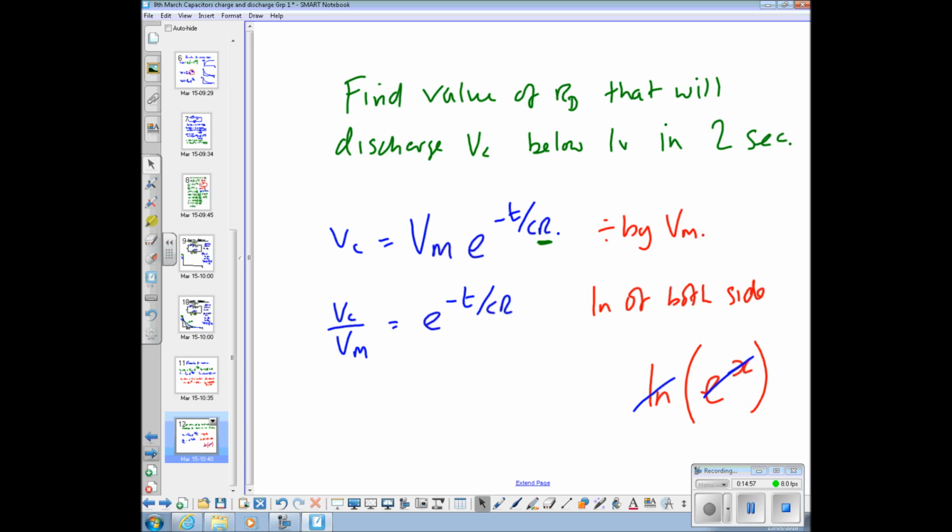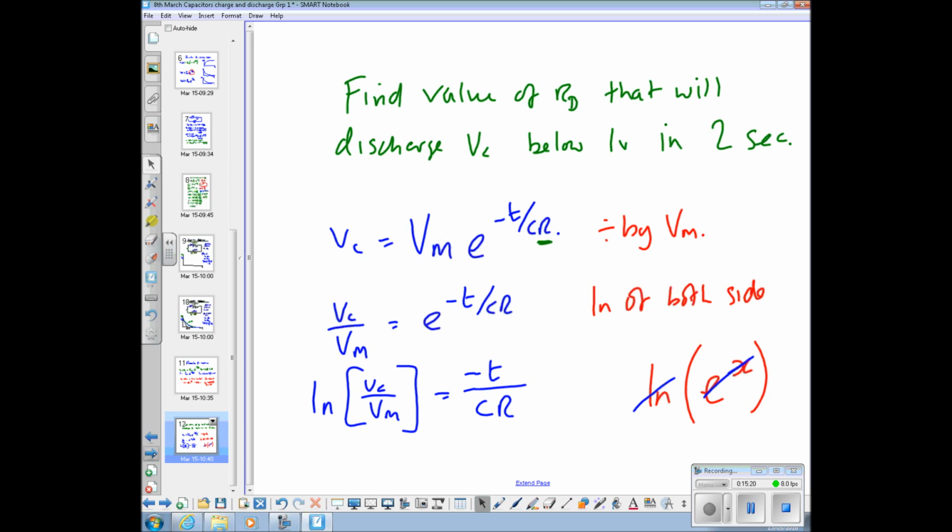If you take ln of both sides, we cancel the e on this side. So what we've got then is ln of little vc over Vm is equal to minus t over CR.